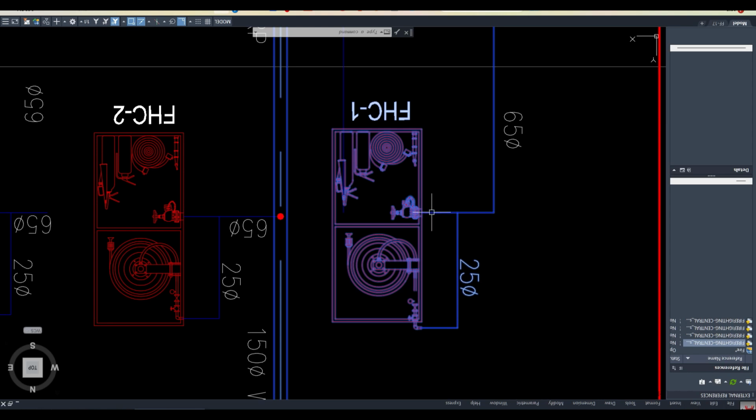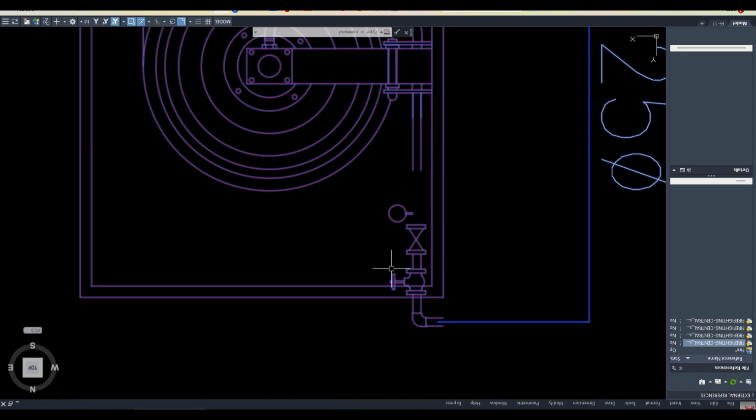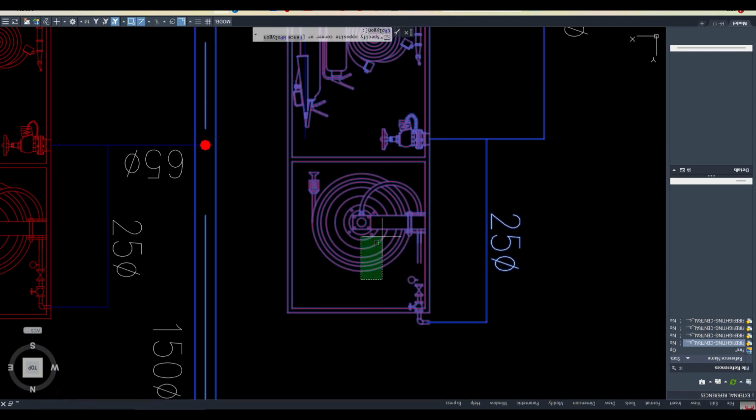If here it's coming at 6.9 bar, of course here also you will get 6.9 bar, but the rule is you cannot have this more than 4.5 bar, because a normal person cannot handle a pressure of 6.9 bar. That's why there is a combination with a PRV, a pressure reducing valve. This connection will always happen after the PRV. Up to here it will come at 6.9 bar, but it will reduce and make it 4.5 bar. Then only it will connect to the hose reel.